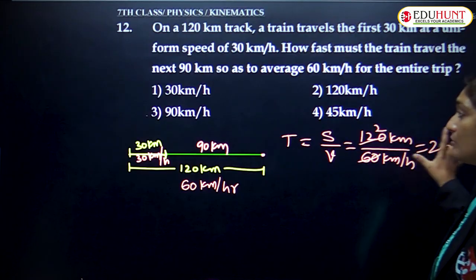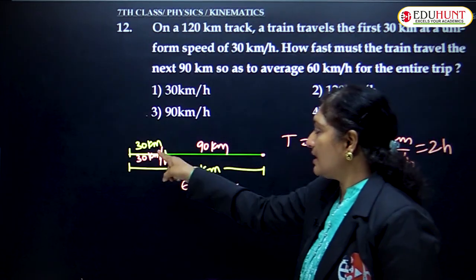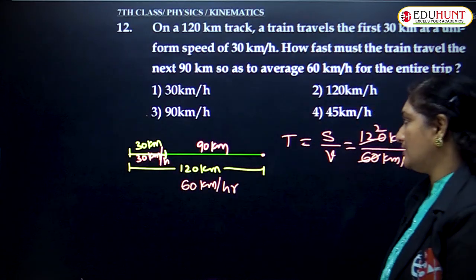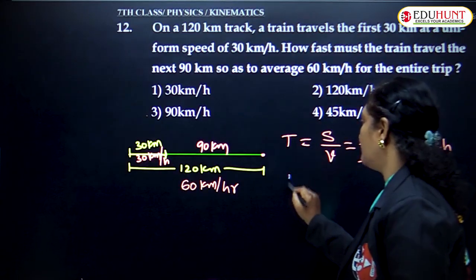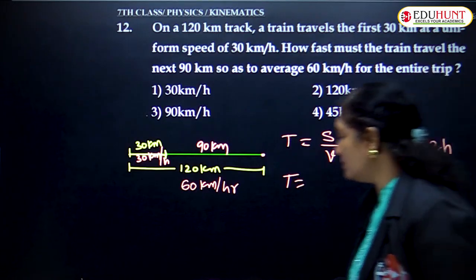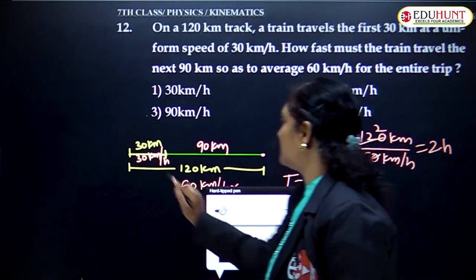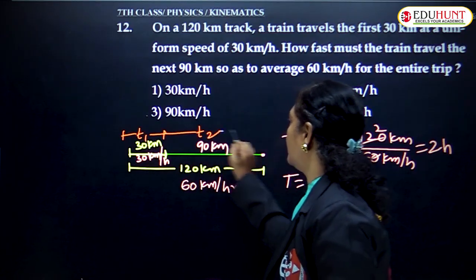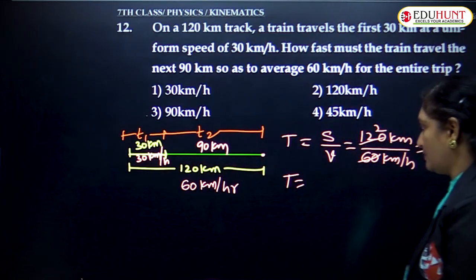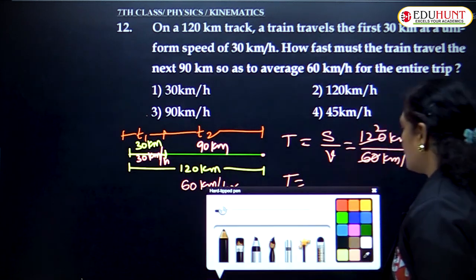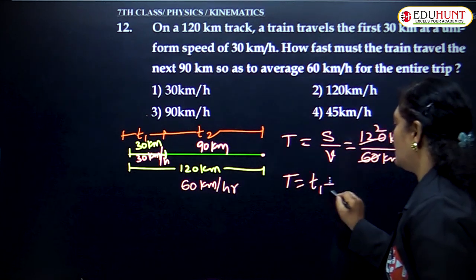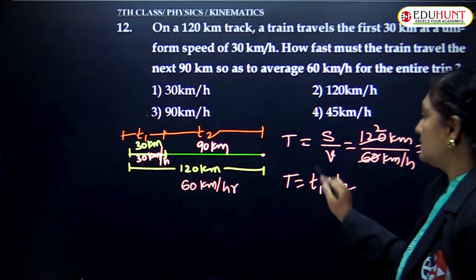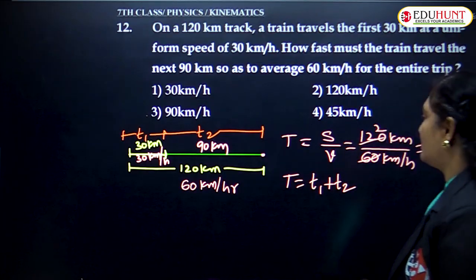Okay. So out of the 2 hours, to cover 30 kilometers, it traveled with a speed of 30 kilometer per hour. So this total time T must be equal to, from here to here, the time was considered as T1, and next here to here, the time was considered as T2. So clearly, this total time T is equal to T1 plus T2, where the value of total T is found to be 2 hours.